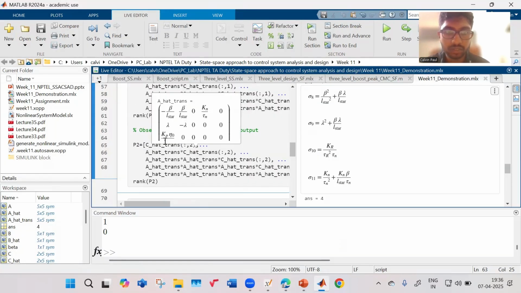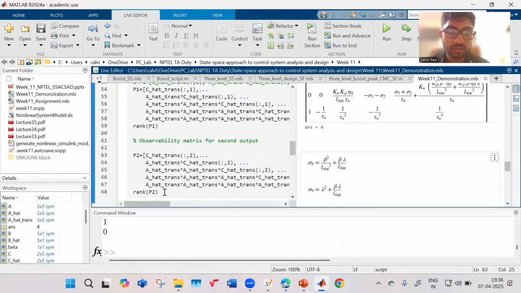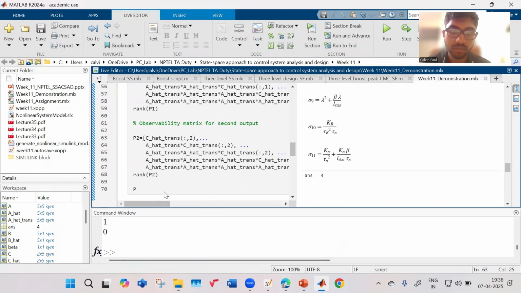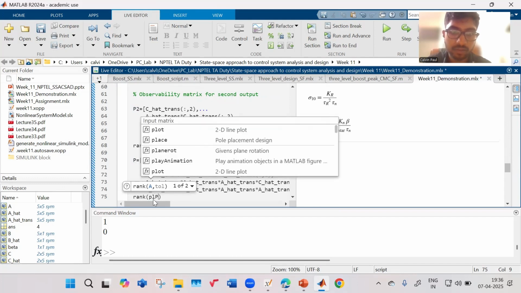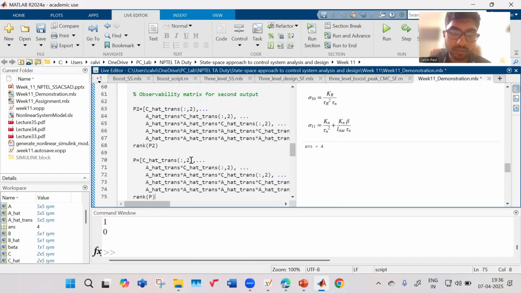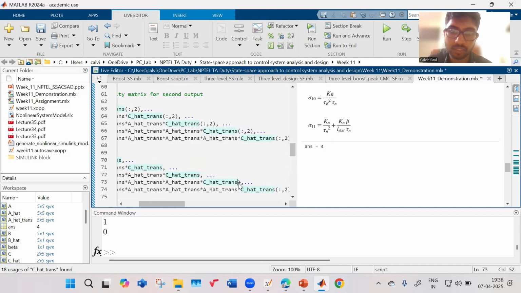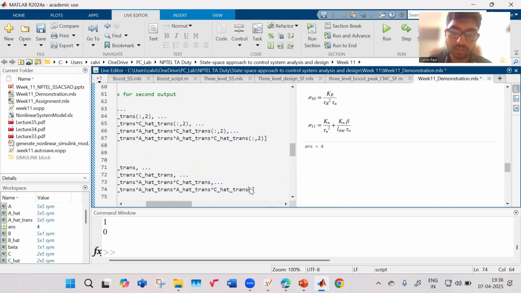Let us find P. This will be, this also will be, and so on. So we run this section.